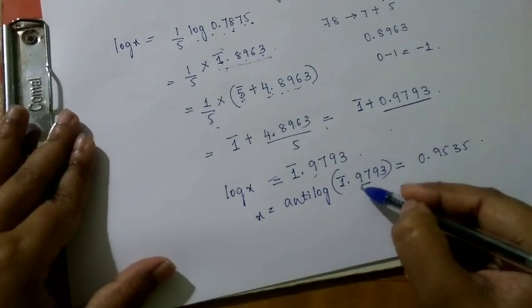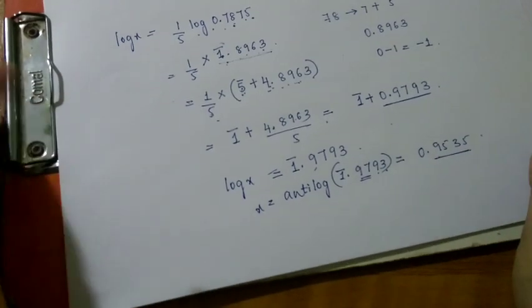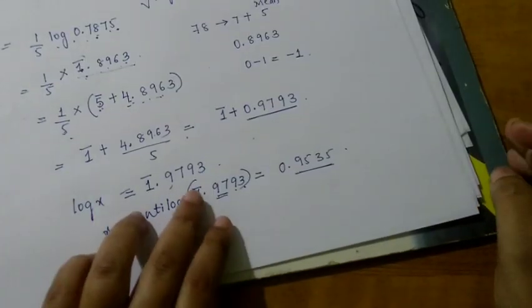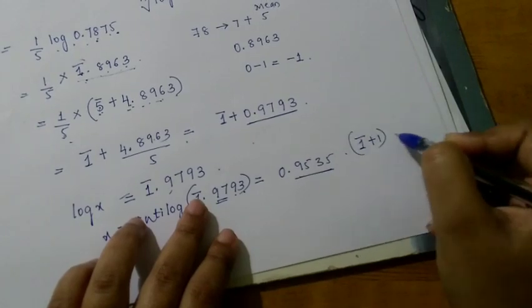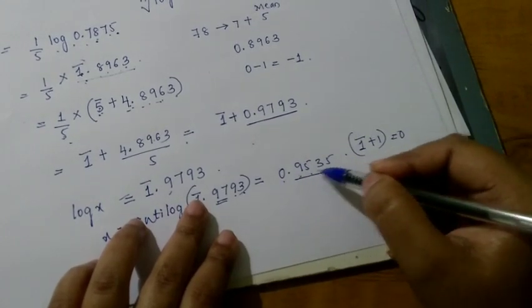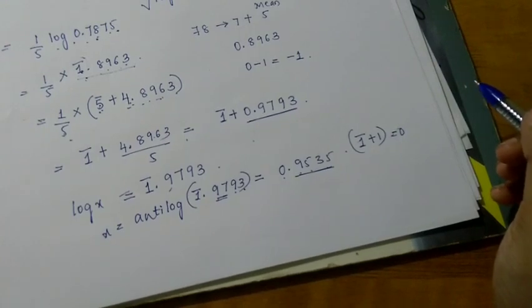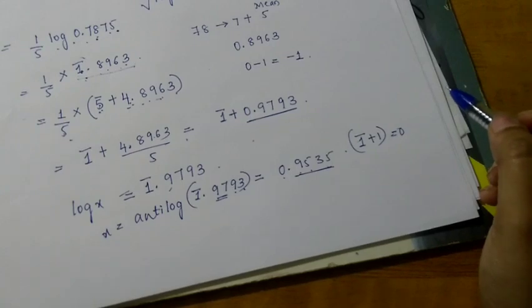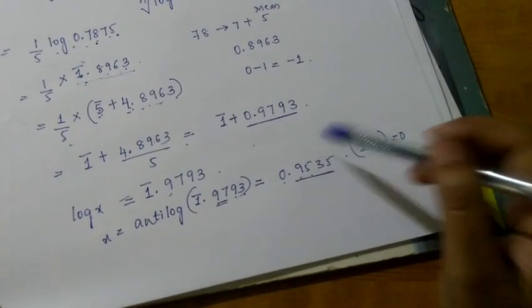Okay, 97 under 9 plus mean difference 3, if you add, you get 9535. In order to write the characteristic part, I add minus 1 plus 1, which gives 0, so 0.9535. So when finding log, you subtract from the characteristic part, and when doing anti-log, you add 1 to the characteristic part. Clear? So this is how we have to solve it.